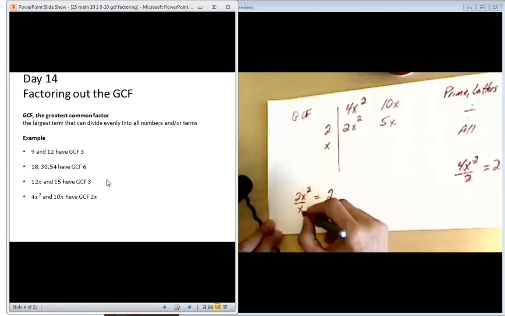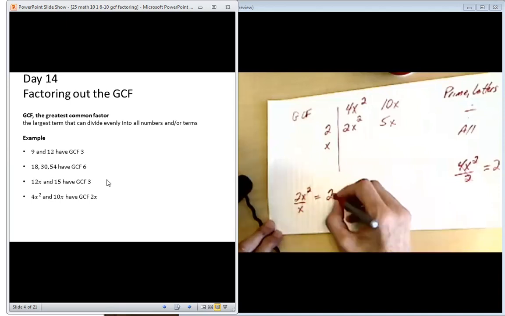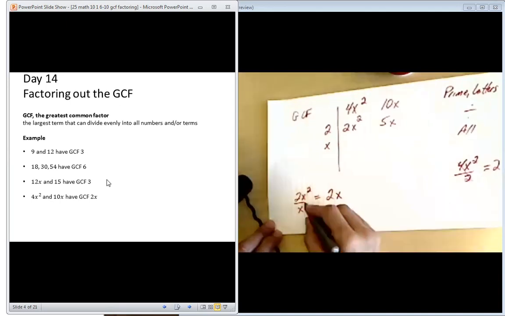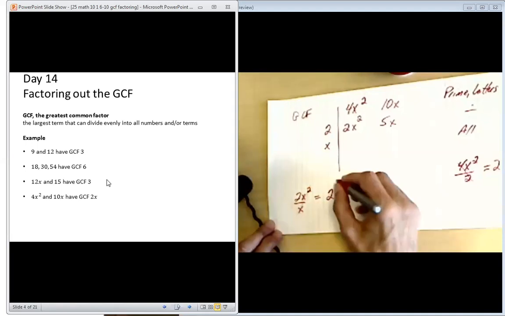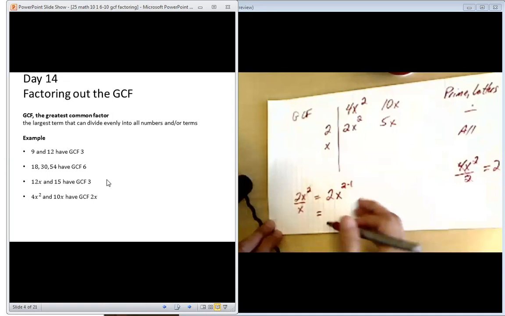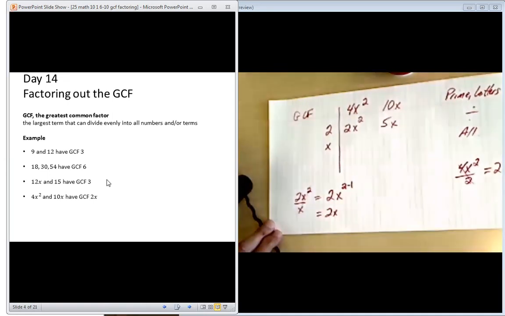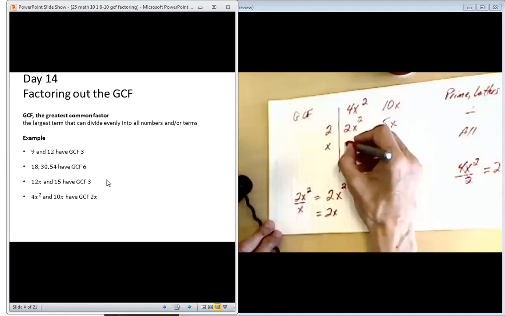What happens with the x's? Nice. Because it's dividing, the exponents are subtracted from one another. 2 minus 1 like that. I'm going to keep it all in this section here, so I get 2x for that term, right? So that's what goes here.